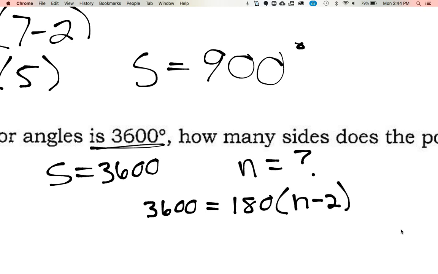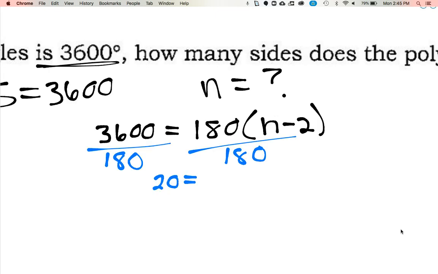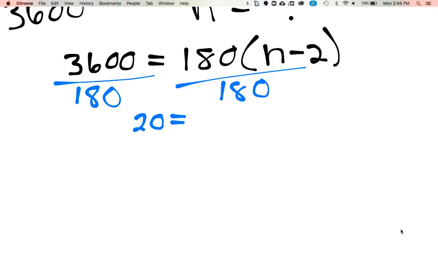Now I'm going to have you solve this maybe in a way that you would not have instinctively. I know we're kind of primed to distribute every time we see this, but we're trying to get n by itself. If we distribute, we're going to put the 180 on that end. So eventually we're going to have to divide by that 180 to get it off of that end. Why not just divide by 180 from the beginning? And we're left with 20 equals n minus 2.